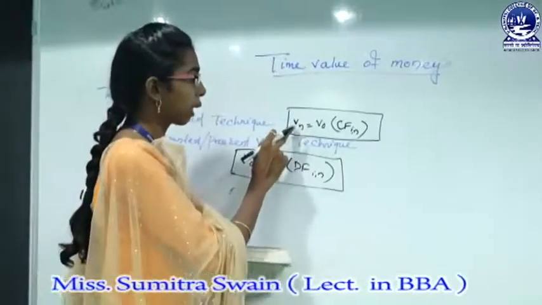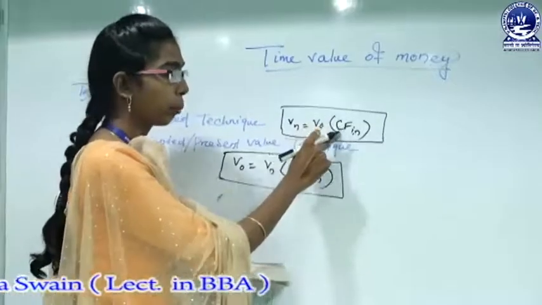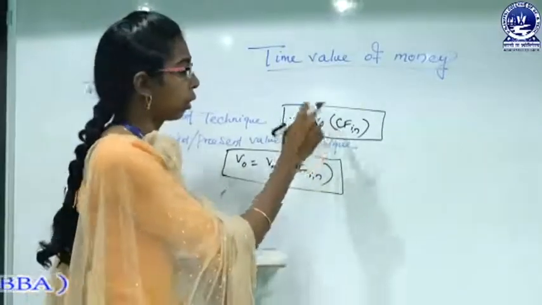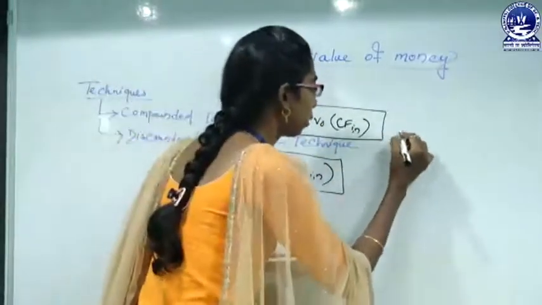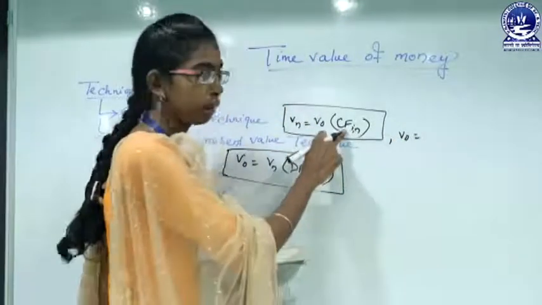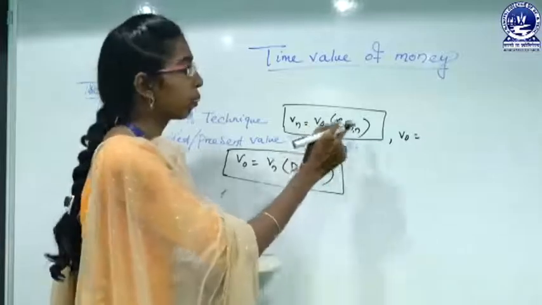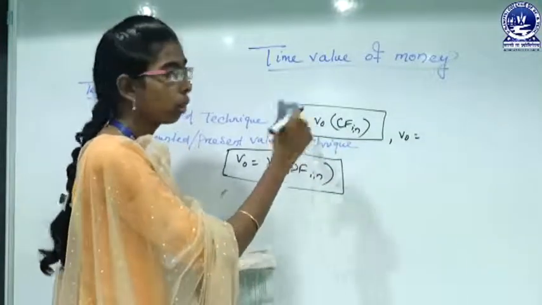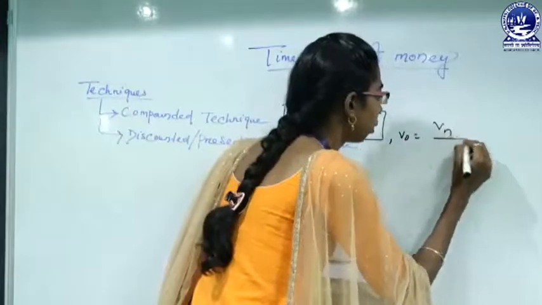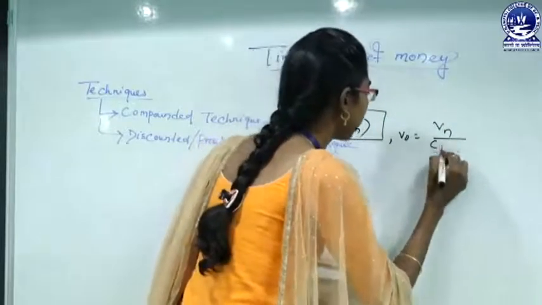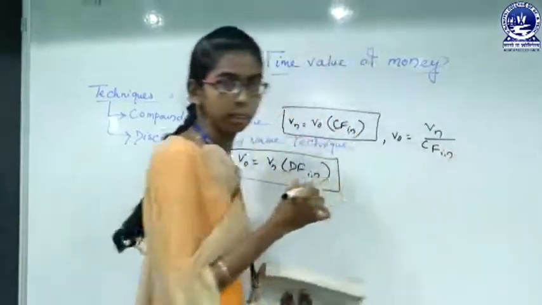Now we are going to alternate those things. If we can calculate Vn from the CF table, we can also calculate V0 from the compounded factor, since both elements are multiplied. To find V0, we can calculate Vn divided by CF In.